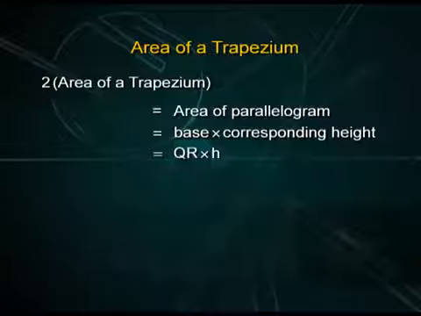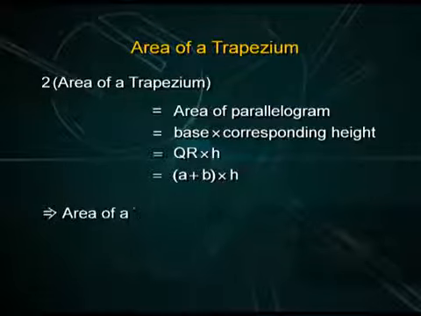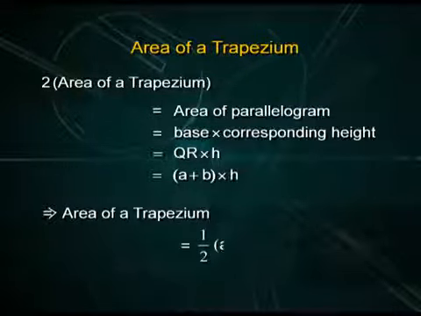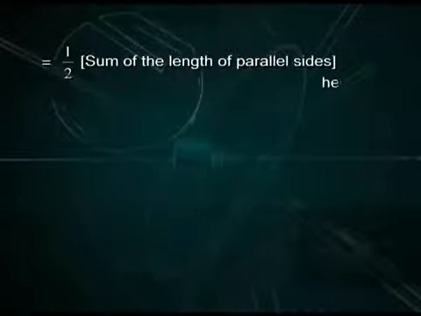And right now we have seen QR is a plus b, into h. So the area of a trapezium is half into a plus b into h, or we can say half of the sum of the lengths of parallel sides of a trapezium into the height.